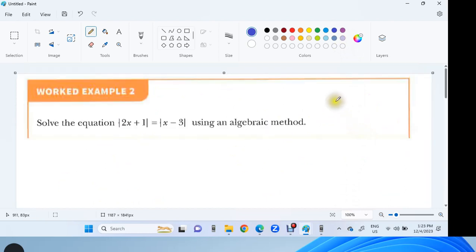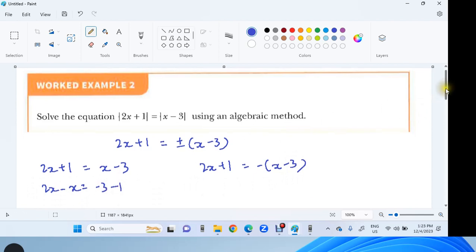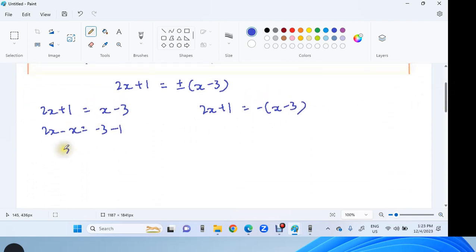Now example number 2. We have modulus of 2x plus 1 equal to modulus of x minus 3, so 2x plus 1 equal to plus minus of x minus 3. So we have 2x plus 1 equal to x minus 3, and 2x plus 1 equal to negative x plus 3. From the first, 2x minus x equal to negative 3 minus 1, so x equal to negative 4.